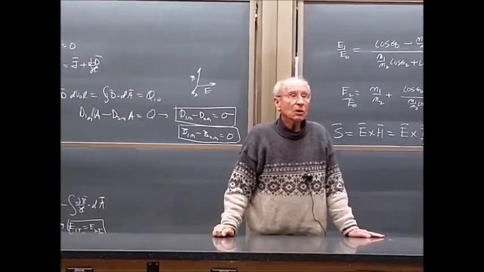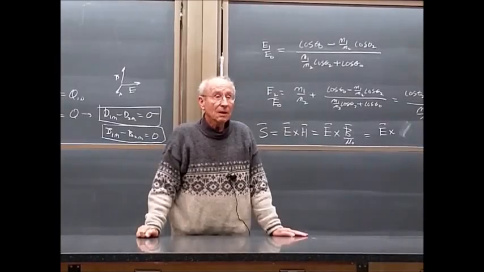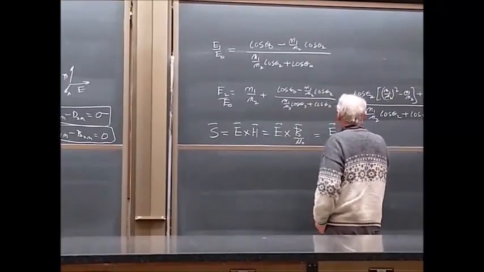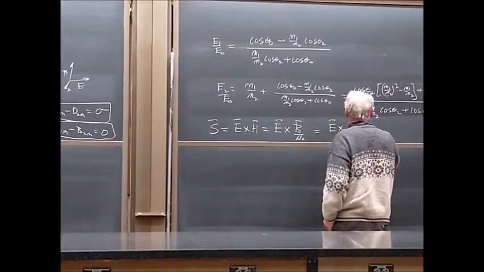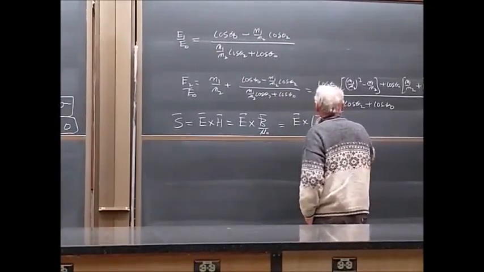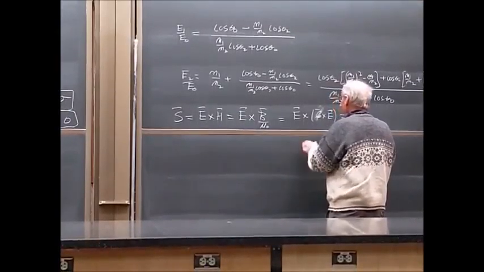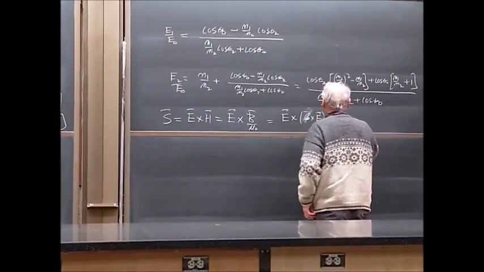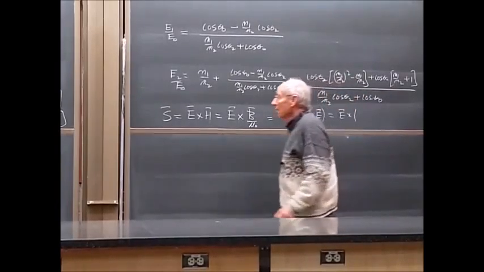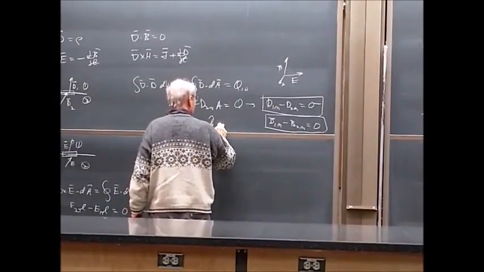S is Poynting's vector. That was the intensity, the energy per second per area carried by the wave. That's the thing we derived last time. So this is E cross K cross E. We know the magnitude, it's got a direction K hat.